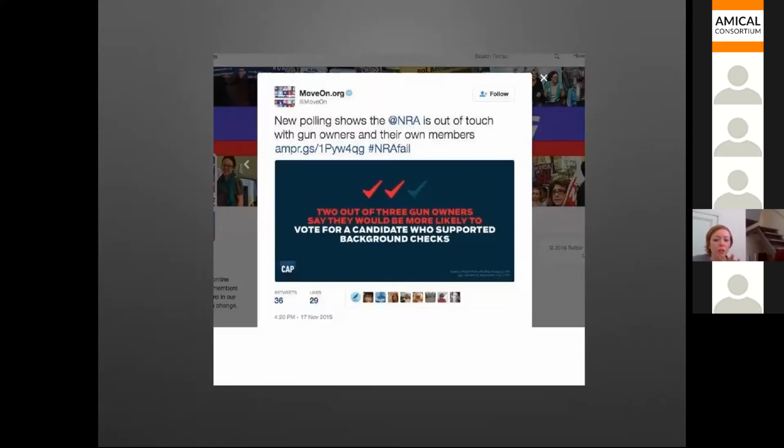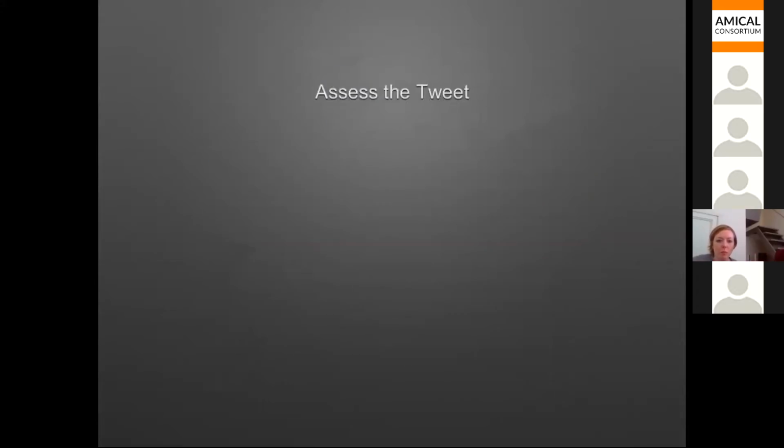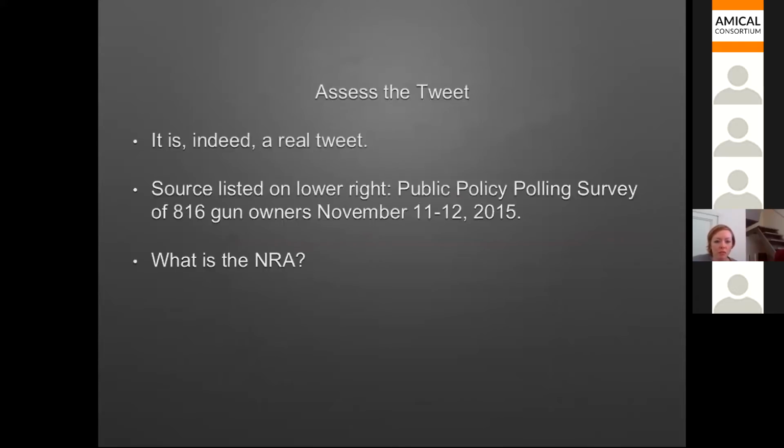We tried to apply the lessons from the first, the Daisy photograph and Instagram post, to this and see what we could get. So it was assessing the tweet. Yes, it's a real tweet. The source is listed on the lower right, okay?